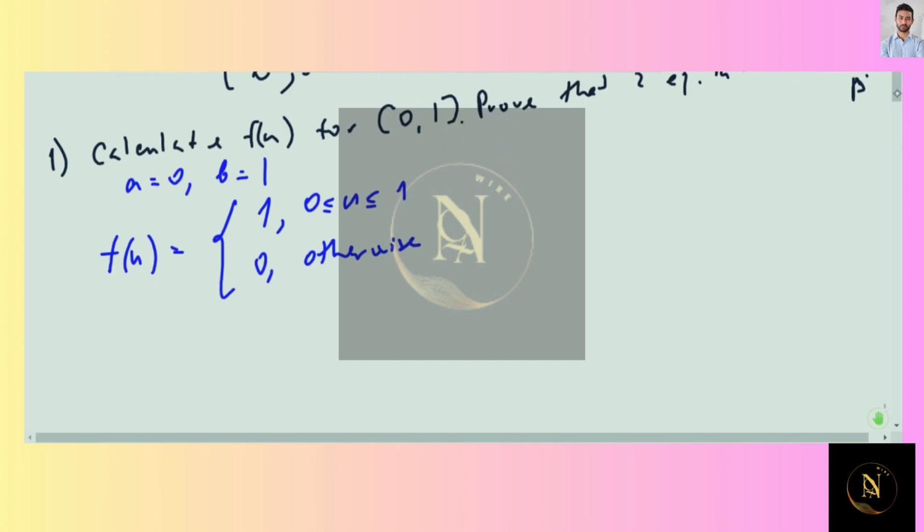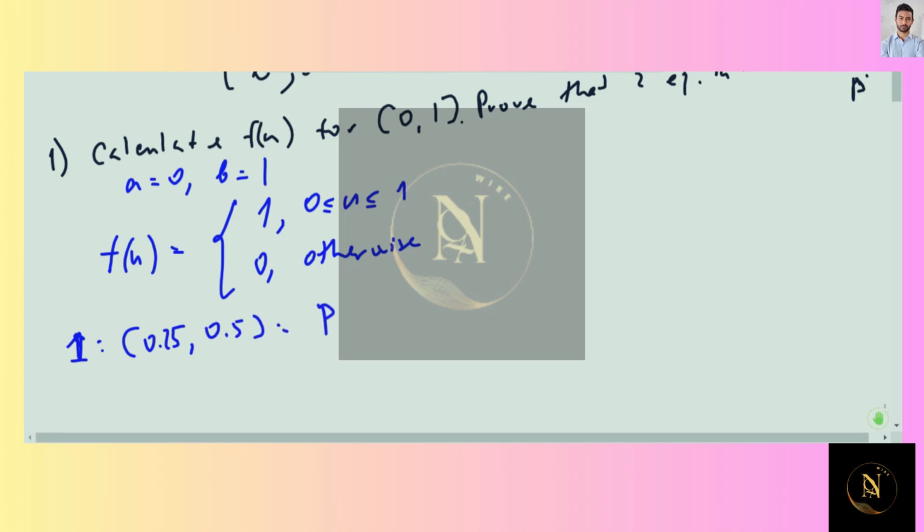So now we have to prove that if two equal intervals are chosen, the probability is the same. So let's choose first the interval from 0.25 to 0.5.